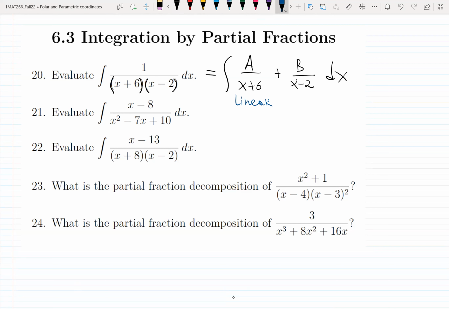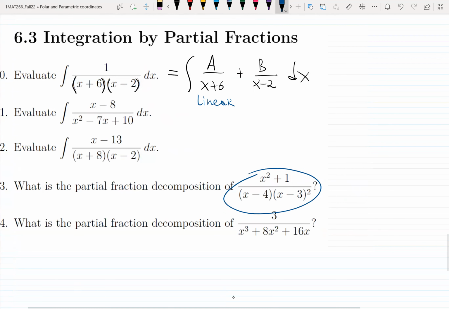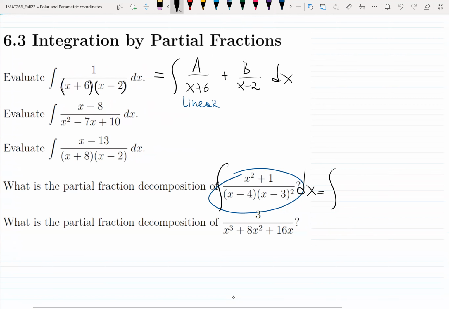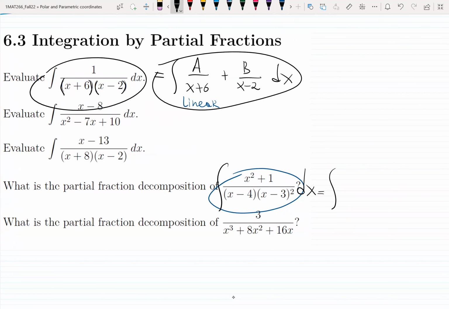However, if you have an example like so, then let's practice. Again, integral dx, it's still an integral. The whole idea is to break a complicated integral into easier integrals and then integrate the easier integrals. Why are they easy? Because these integrals are just logarithmic functions. For example, for the specific one, it will be A ln absolute value of x plus 6 divided by 1.